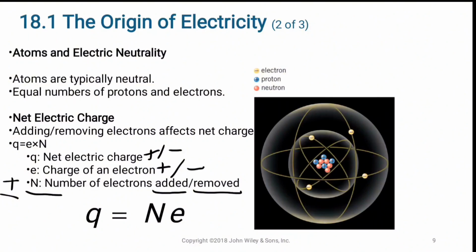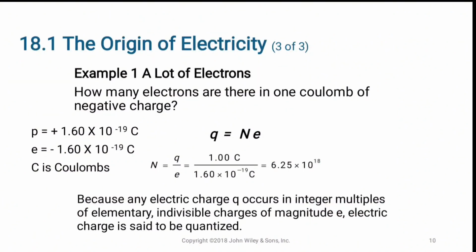Okay, so just like this example: how many electrons are there in one coulomb of negative charge? If you will observe, in this problem we already have a question here. It says, how many electrons are there in one coulomb?